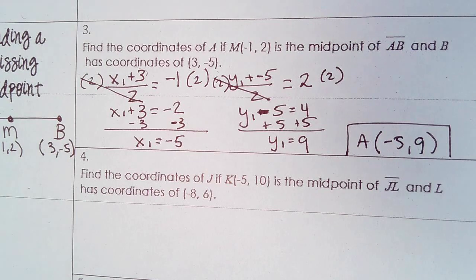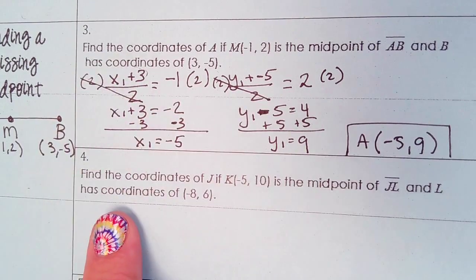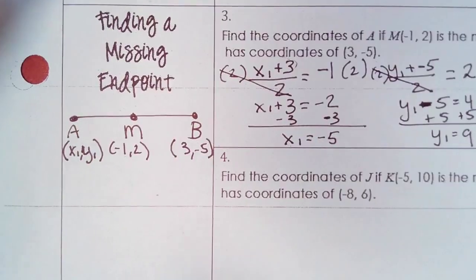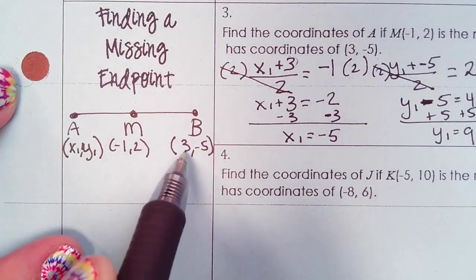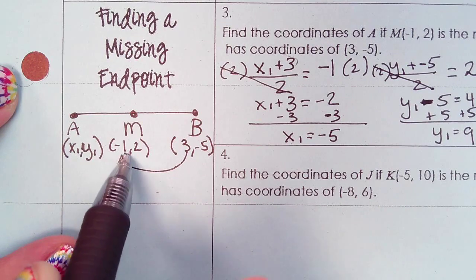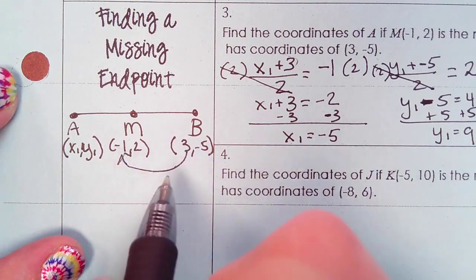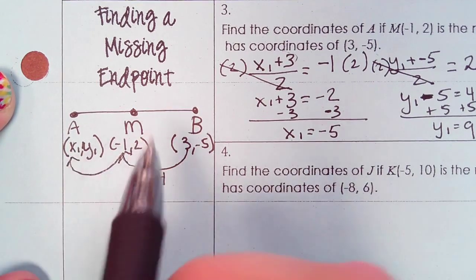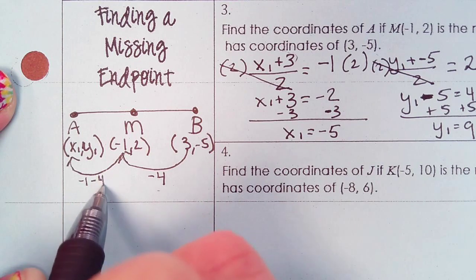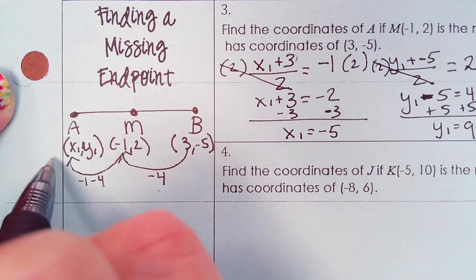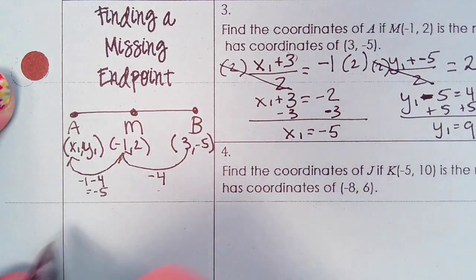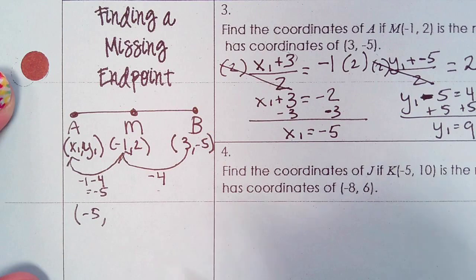However, we can figure this out not using these formulas. So if I look at my image here, let's travel on our figure. So if I'm traveling to the left, I'm going from 3 to -1. So from 3 to -1, I subtracted 4. So if I go from -1 to this other x, what's -1 minus 4? Should be -5. So my ordered pair starts out now as -5.